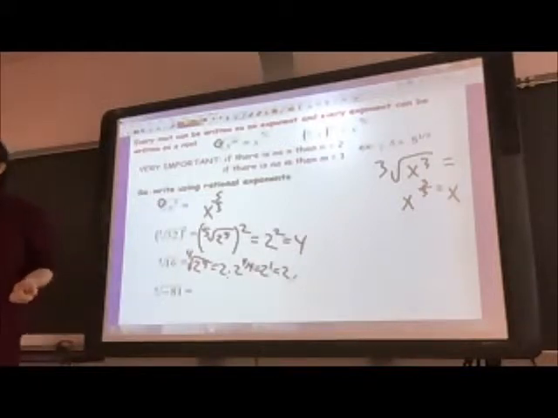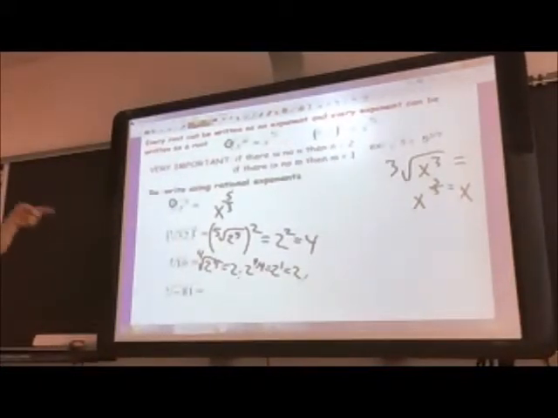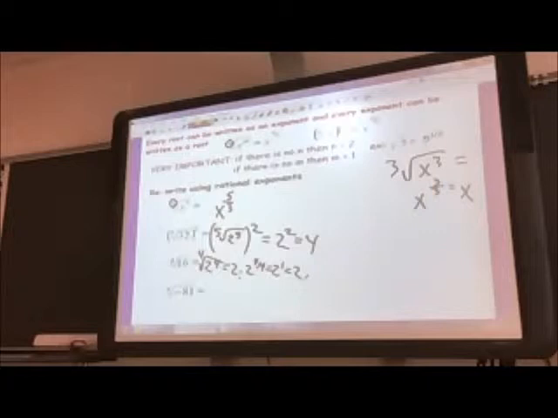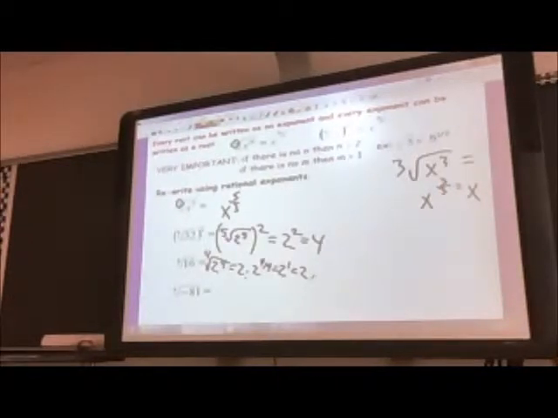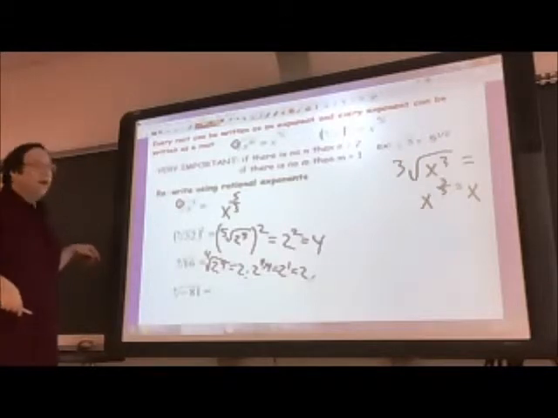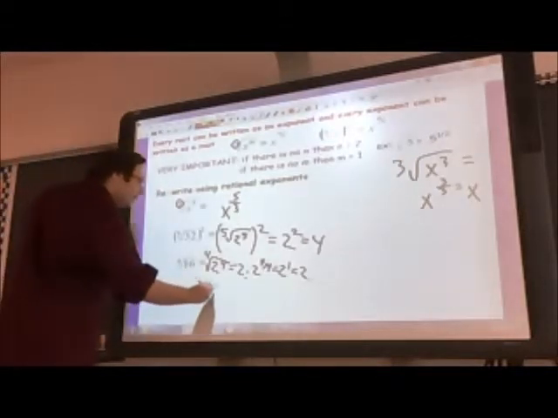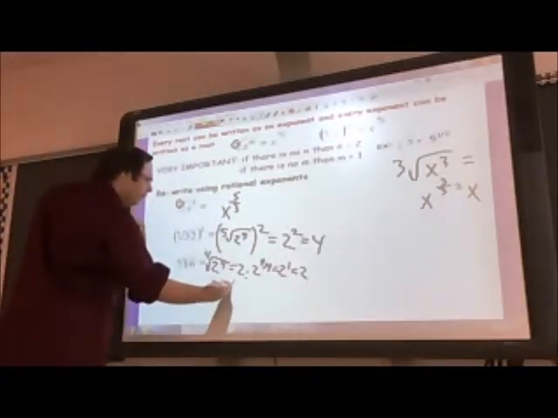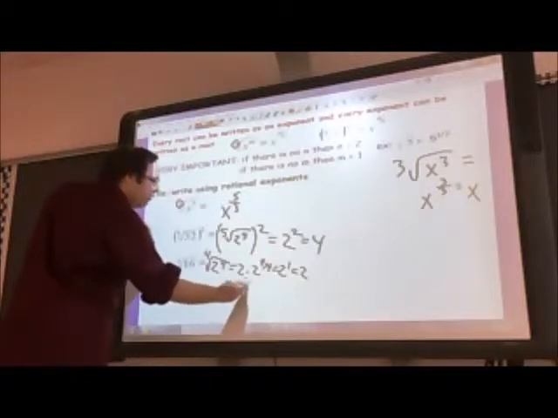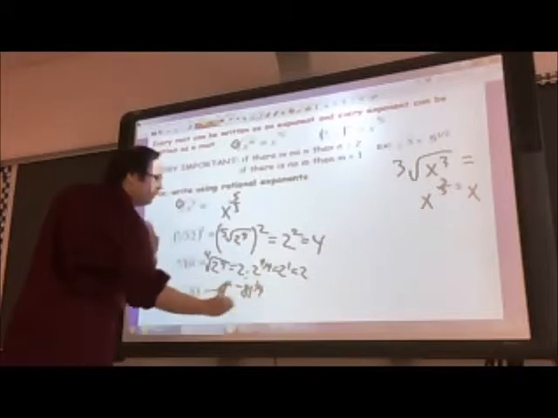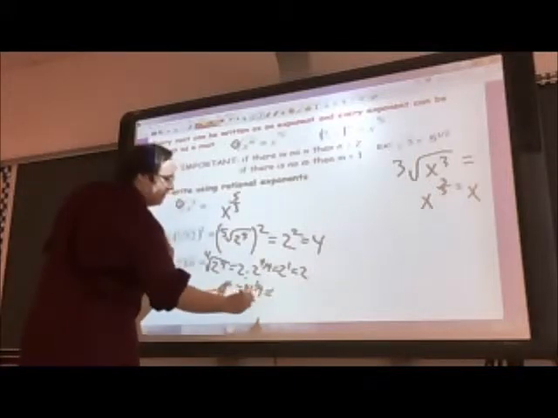Well, this is also imaginary. This is an imaginary number. There are no real answers to this. So when we have negative 81, we can rewrite this as negative 81 to the 1/4. But that doesn't equal anything.